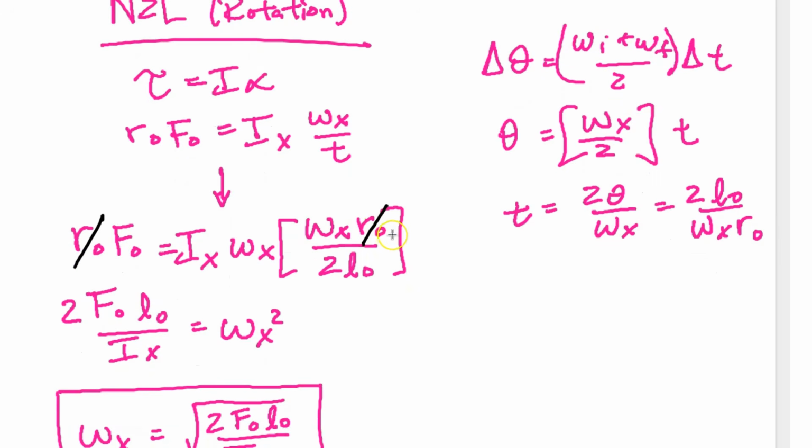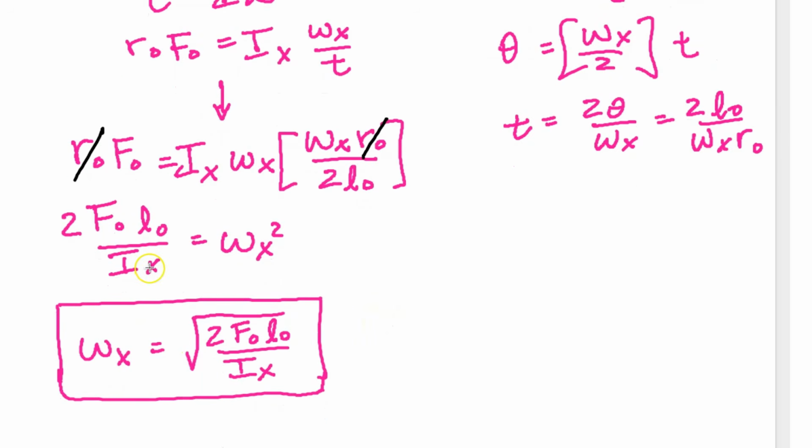The R's cancel out, and then solving for omega squared, because there's 2 omega X here, we have omega X squared is equal to 2 F naught times L naught divided by Ix. Square rooting both sides, we get omega X is equal to the square root of 2 F naught times L naught over Ix.